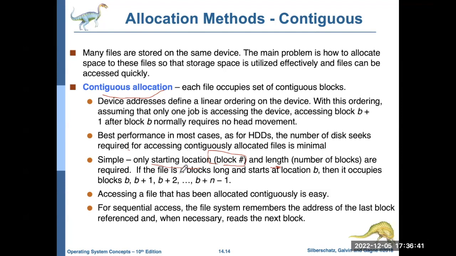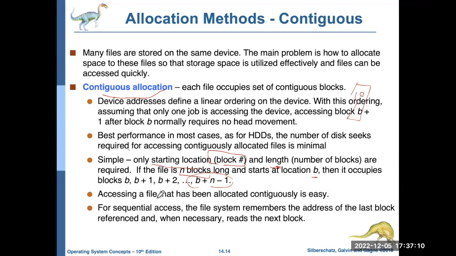So if n blocks are needed for a file and it starts at location B, it will occupy blocks B, B plus 1, B plus 2, and so on till B plus n minus 1. So in the memory, all these blocks are contiguous.